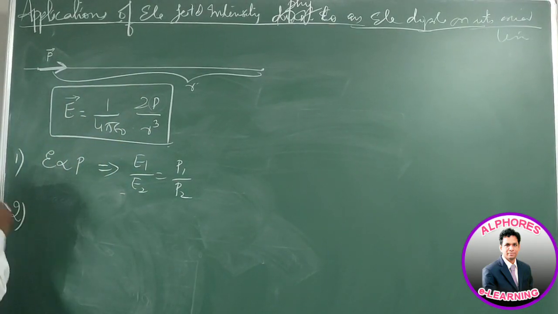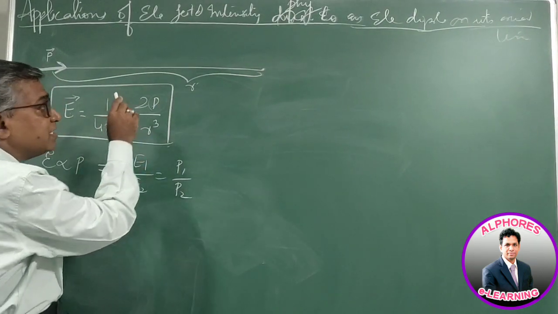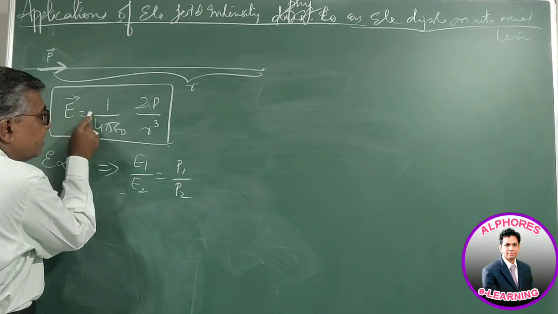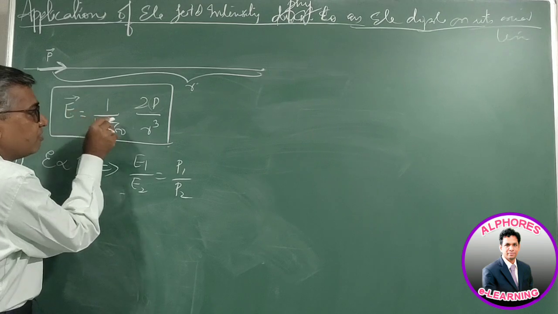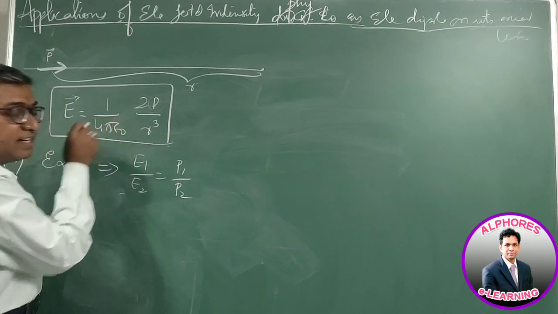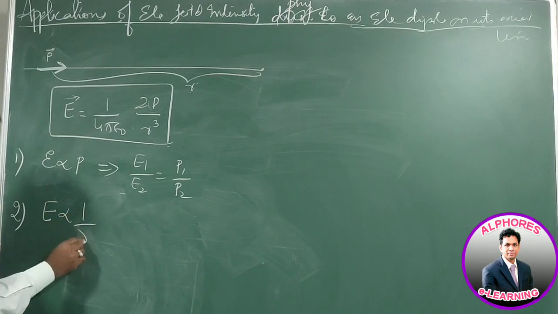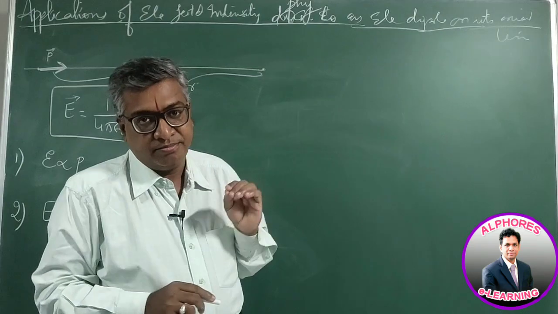The second factor: for the same dipole, if I imagine two different points at different distances, how does the electric field vary with the distance? The electric field intensity due to a dipole varies inversely with the cube of the distance. E is directly proportional to 1 by r cube. This is called the inverse cube law.